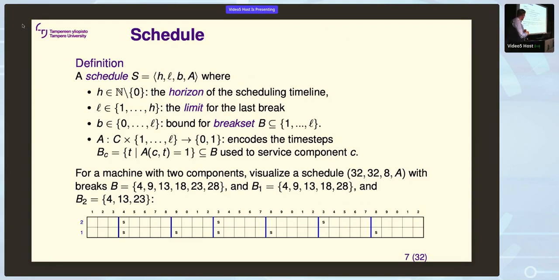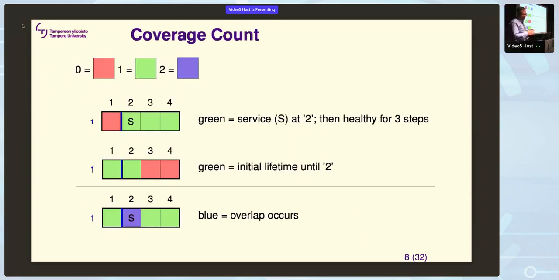And then for each break, there is a selection of components which are maintained, and that's the idea of the schedule. And then in these schedules, if you do not ever maintain the component, and already when you start the machine it's in bad condition, then all cells or time points will appear as red boxes.